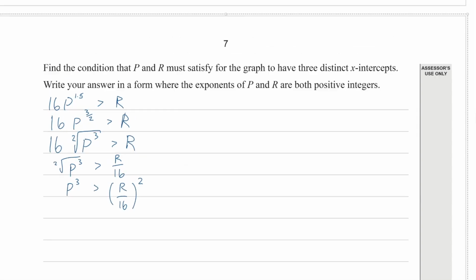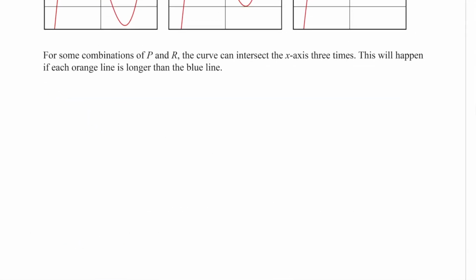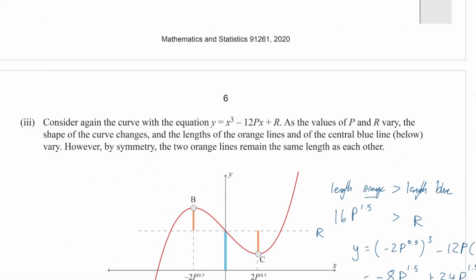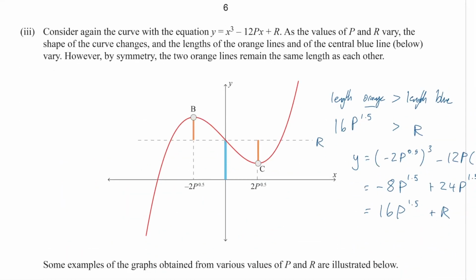Again, just to summarize this one, because that was a lot. We're given a particular type of cubic, and the constants p and r actually adjust the lengths of the orange lines as well as the blue line, right, the y-intercept.